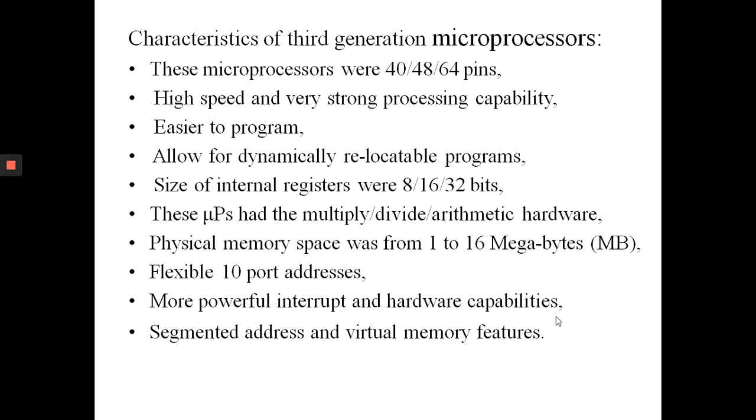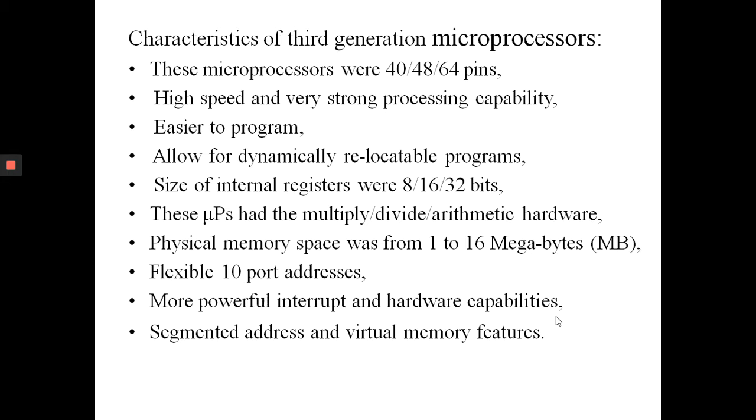Characteristics of third generation: these microprocessors were 40, 48, and 64 pin ICs, high speed and very strong processing capability, easier to program, allowing dynamically relocated programs. Size of internal registers were 8, 16, or 32 bits.